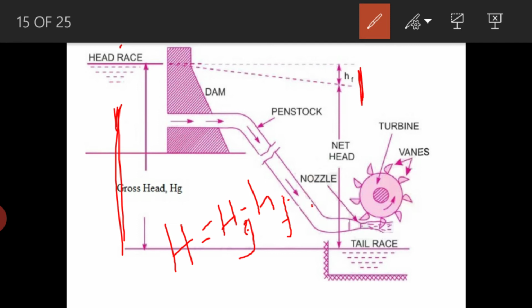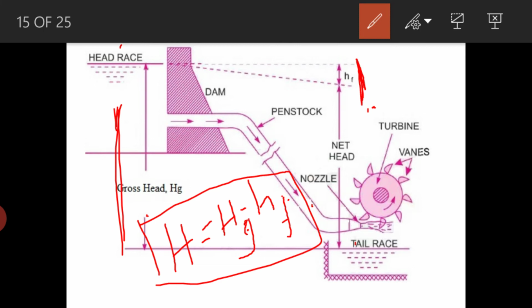Taking into account only the major loss, and neglecting the minor losses, this much is the friction loss. Subtracting this friction loss from the gross head, whatever head is available at the inlet of the turbine is known as the net head.